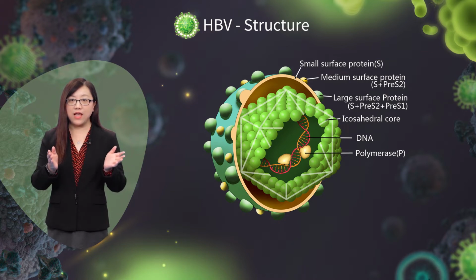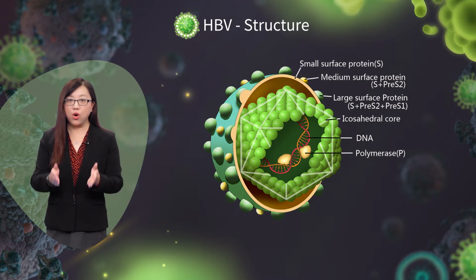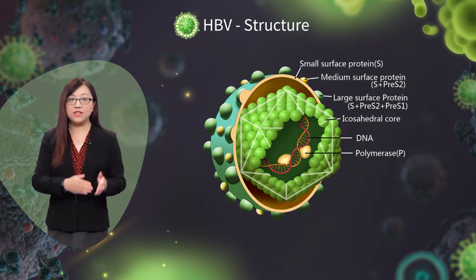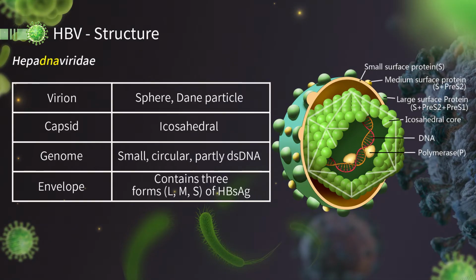Capsid is icosahedral, formed by the hepatitis B core antigen, HBc antigen. The envelope contains 3 forms, L, M, S, of the glycoprotein hepatitis B surface antigen, HBs antigen.